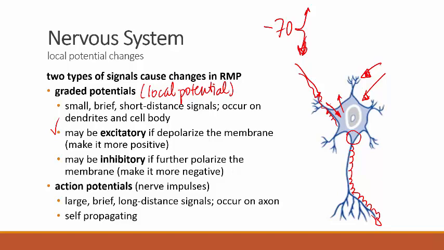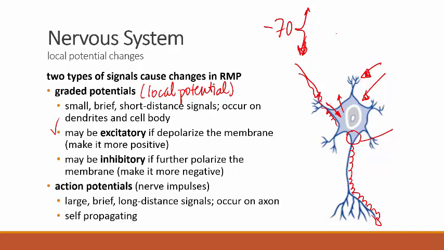Before an action potential can be produced, it requires the axon hillock, this region right here, where the axon process arises from the cell body, to reach a level of depolarization, a change in resting membrane potential in a positive direction of plus 15 millivolts.